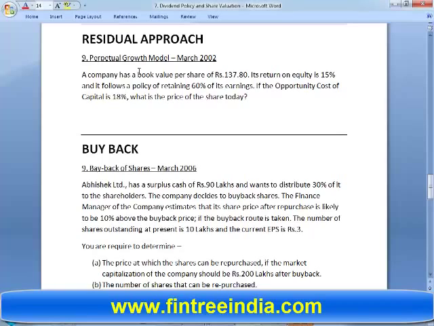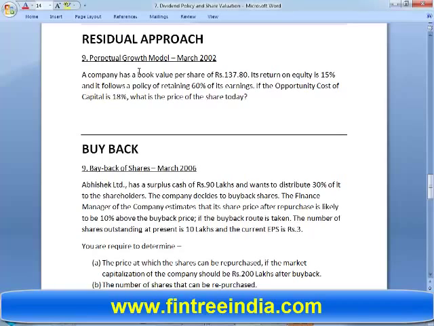Which model can we use? Gordon growth model. What do we need? We need dividend 1. We need growth rate. To find out dividend 1, we need earning 1. How much is the earning as of now? Yes. Whatever is your book value per share into 15% is your EPS.